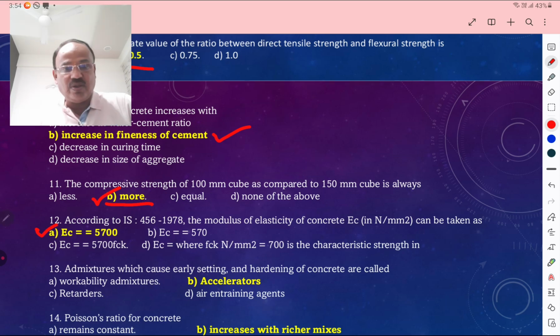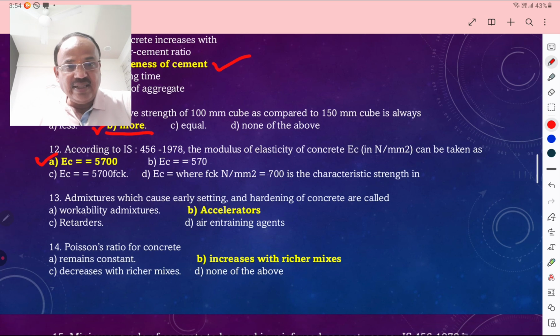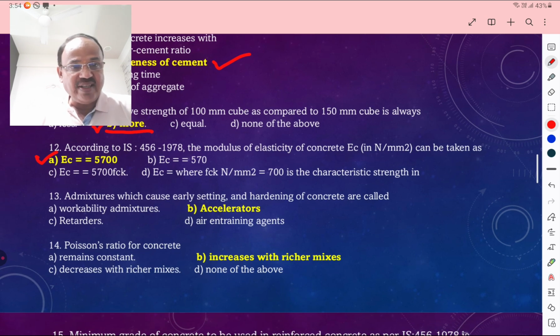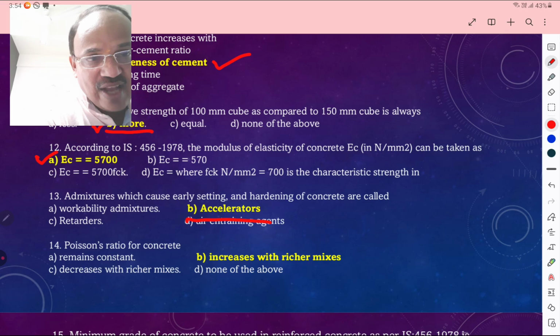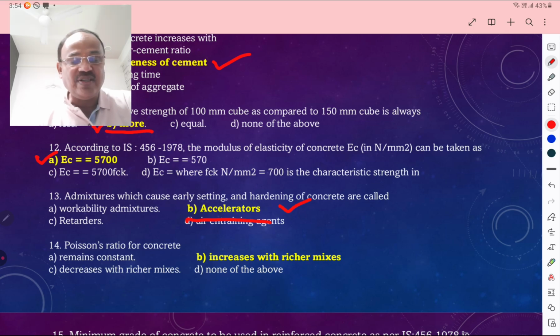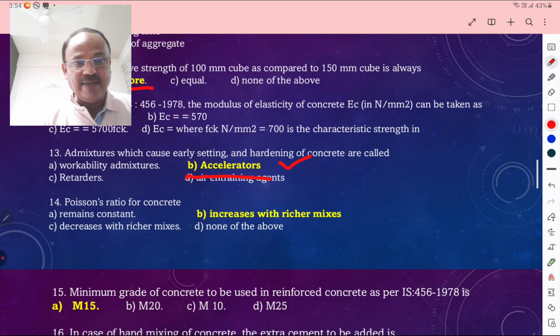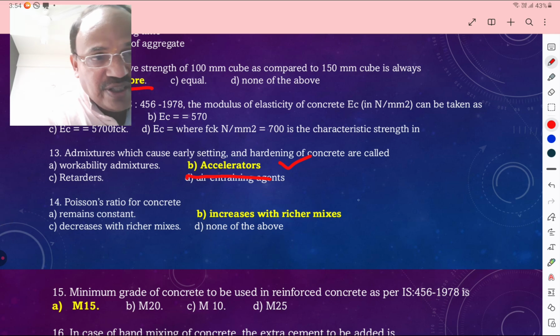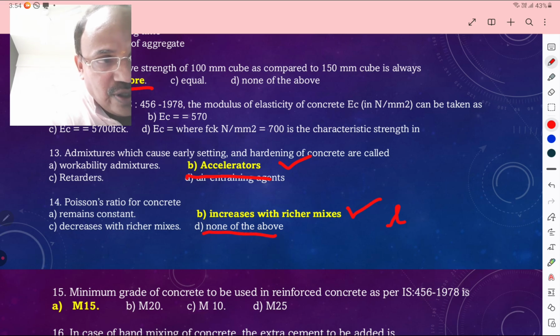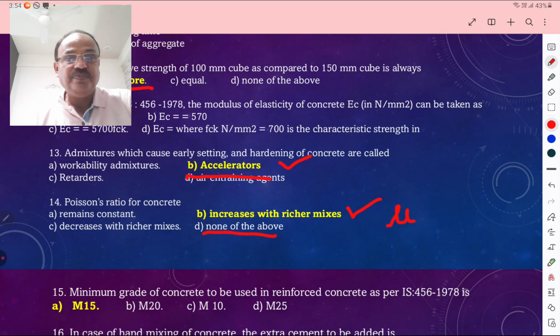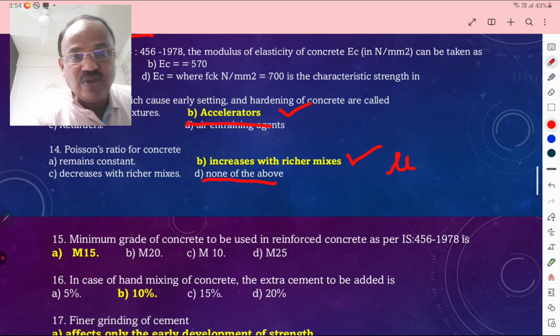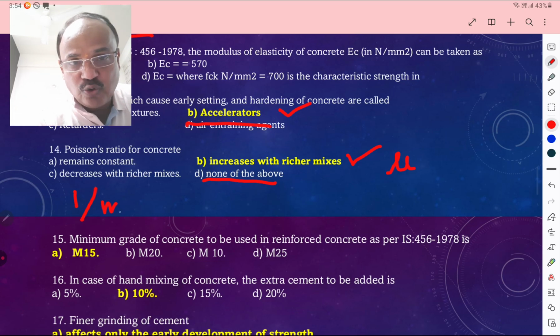Then admixtures which cause early setting and hardening of concrete are called accelerators. Early means acceleration. Then Poisson's ratio for the concrete remains constant, or decreases with the richer mixes, or increases with the richer mixes. Poisson's ratio always increases with the richer mixes. Poisson's ratio is indicated by mu, or sometimes it is written 1 by m also.